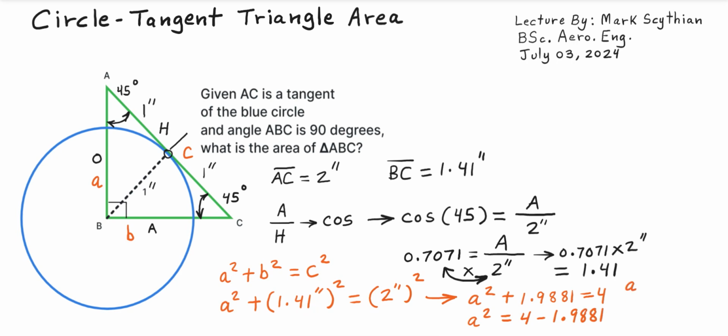So that means A squared is equal to 2.0119. So we can solve for A, which is equal to the square root of 2.0119. And so A is equal to 1.41.